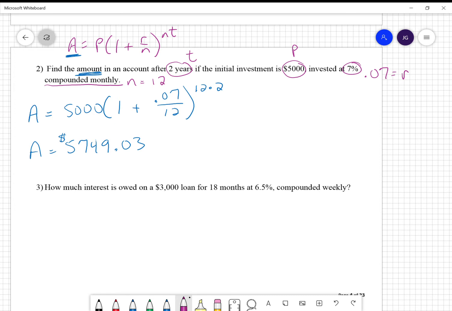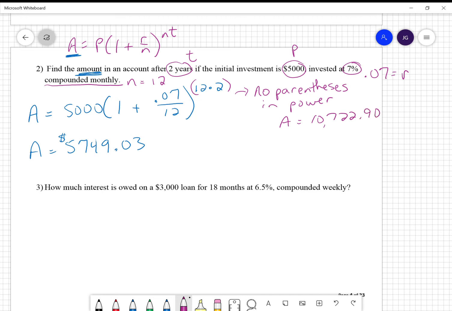Now, when you do this, if you don't put parentheses, let's see what you would get. If you forget to do parenthesis 12 times 2, you would get this answer. $10,722.90.